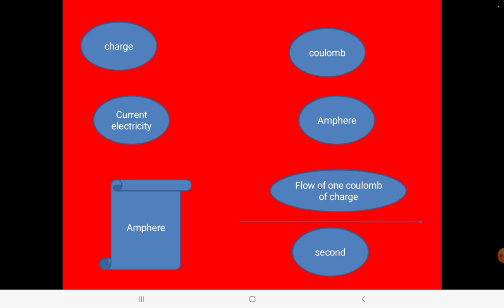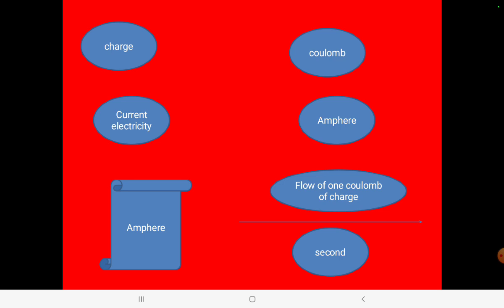Current electricity, I, is equal to the amount of charge moving per unit area, per unit time.